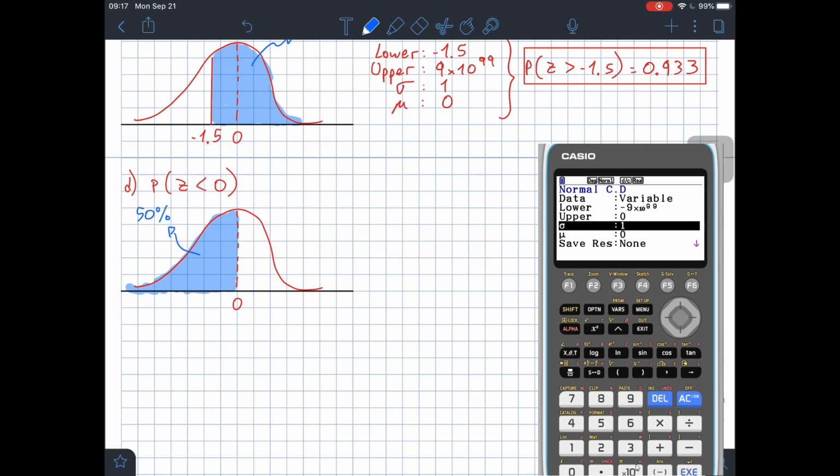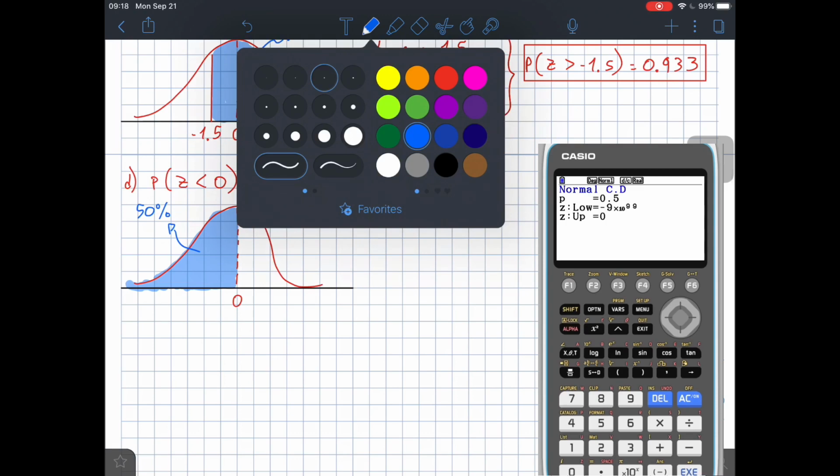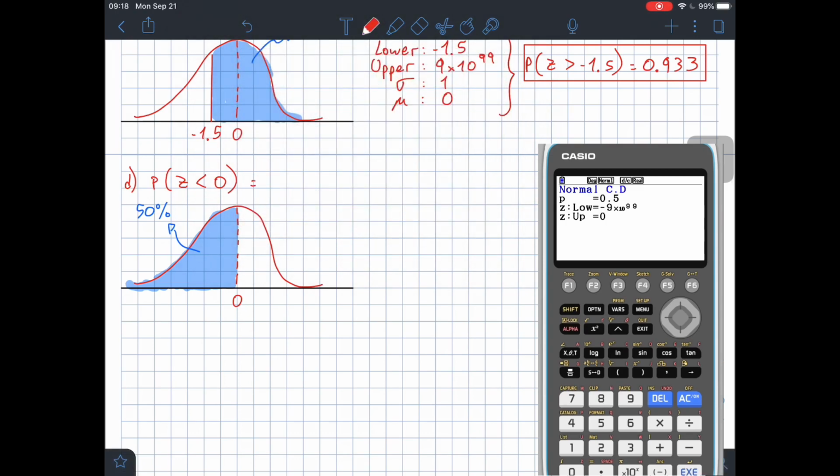And we should get as an answer 50%. You see? Probability equals 0.5. That means that we're doing this correctly, okay? So 50% is the result for this. Just by looking at the exercise and understanding the sketch, we know that it should be 50%. Let me write this as 0.5. That means that it is 50%.